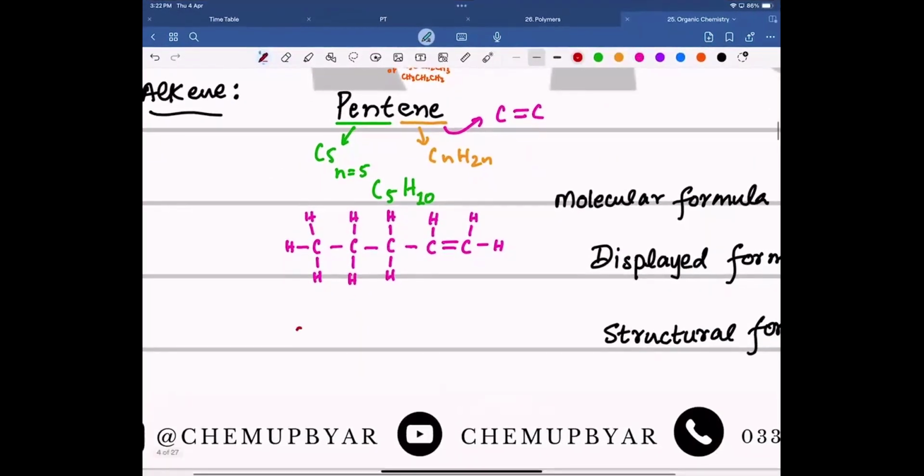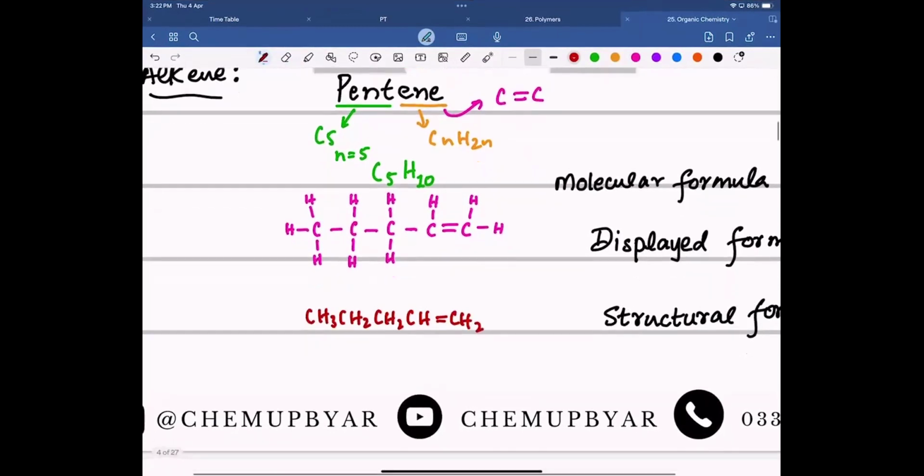So we will write CH3, then CH2, then CH2, then CH double bond CH2. The double bonds between the carbon atoms are always shown in the skeletal formula. Whenever there is a double bond, that double bond is always shown.